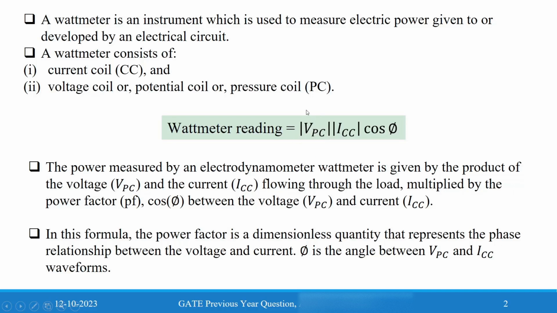VPC means the voltage measured by the potential coil or pressure coil, and ICC means the current measured by the current coil. We can see that in this formula the power factor is a dimensionless quantity that represents the phase relationship between the voltage and current. Phi is the angle between the VPC and ICC waveforms.